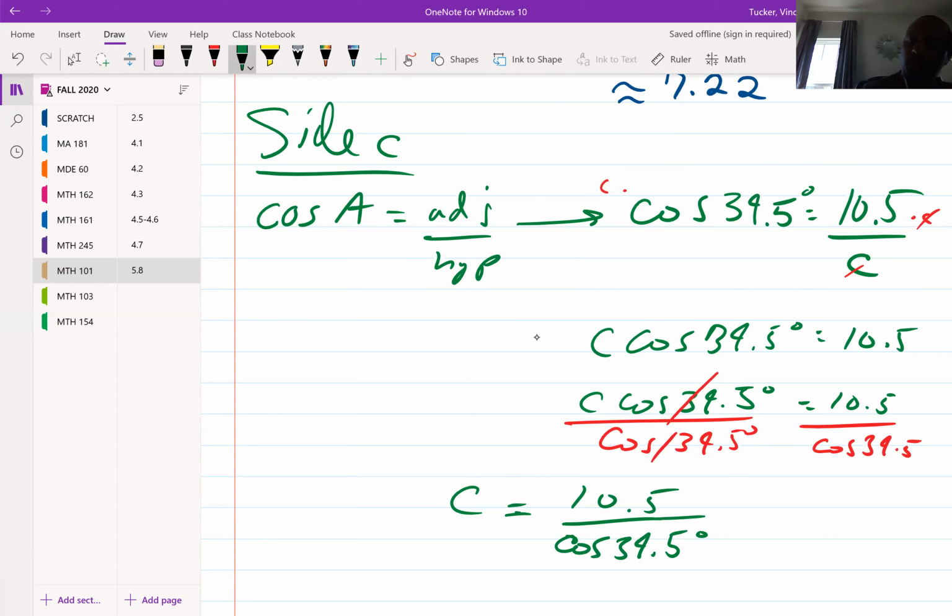So now we have C equals 10.5 over cosine of 34.5 degrees, and that will be approximately 12.74.